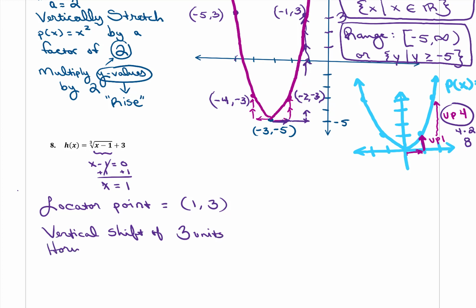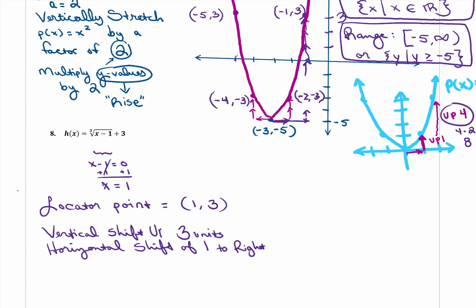I get a +1, so that's going to be my x value: 1 and 3. Or another way to think of this is that the function is shifted 1 unit to the right and 3 units up. So there's going to be a vertical shift of 3 units, and a horizontal shift of 1 unit to the right.